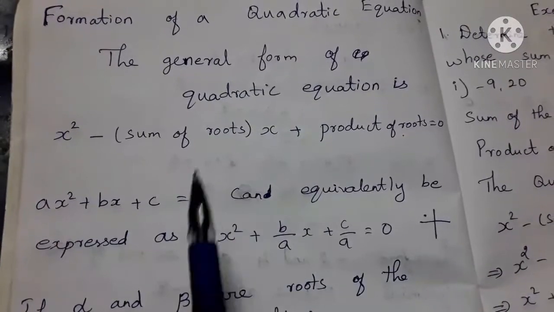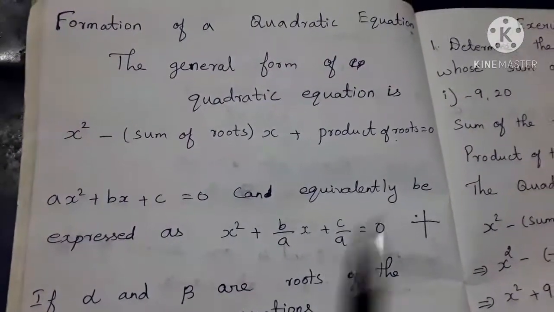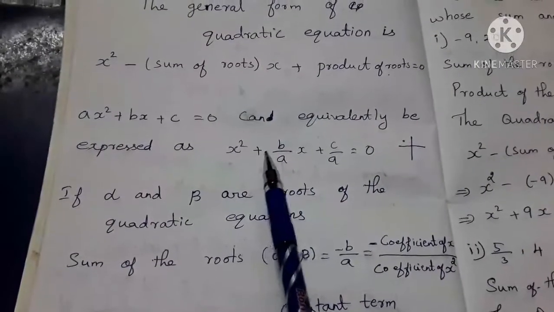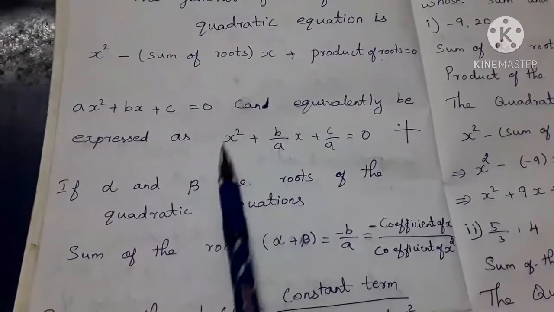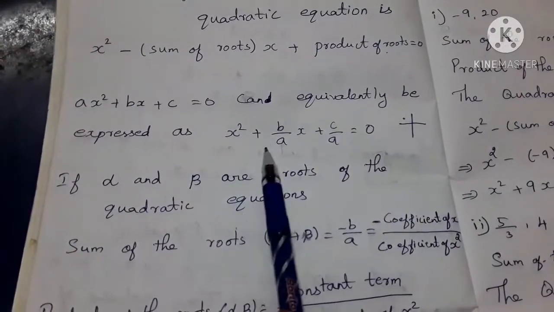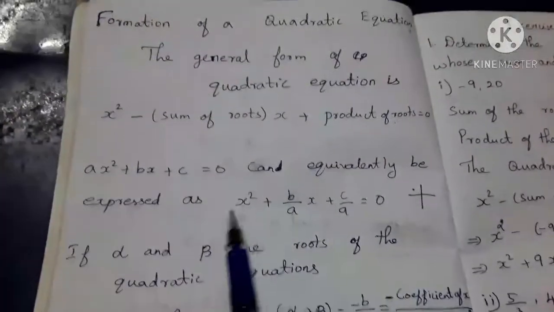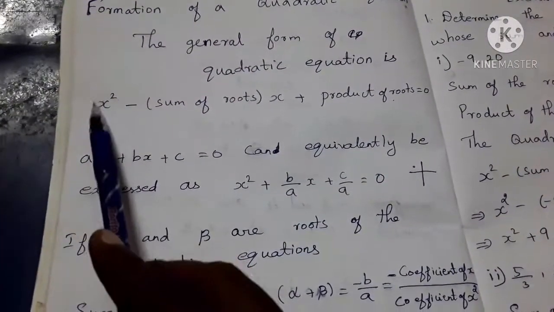So how can we find this in a quadratic equation without factorization? That is what we are going to see here. See, ax squared plus bx plus c equal to 0 can equivalently be expressed as x squared plus b by a x plus c by a equal to 0. Because in the general form, before x squared we don't have any coefficient.